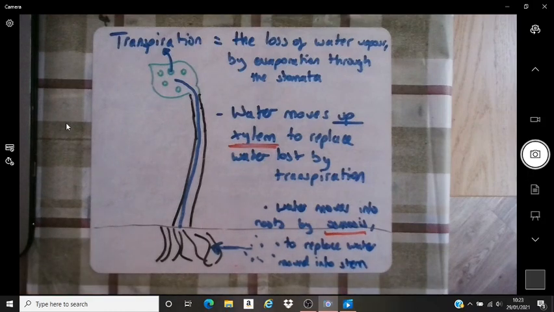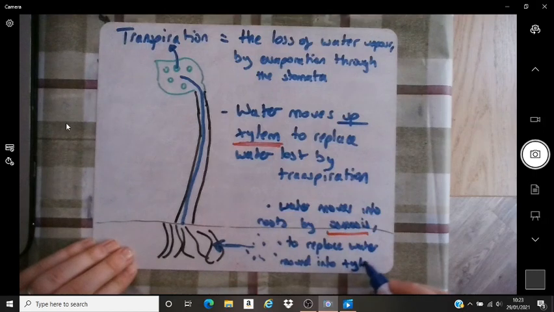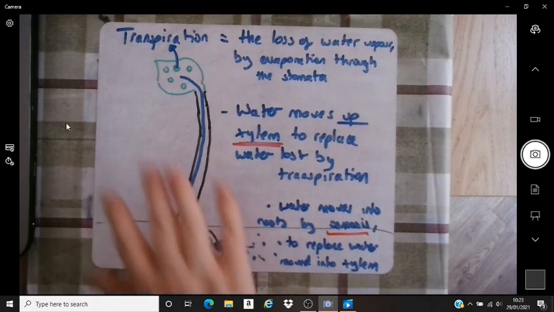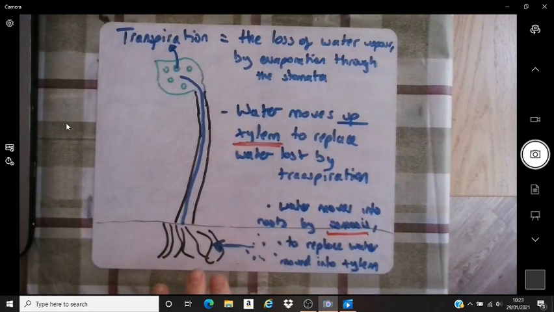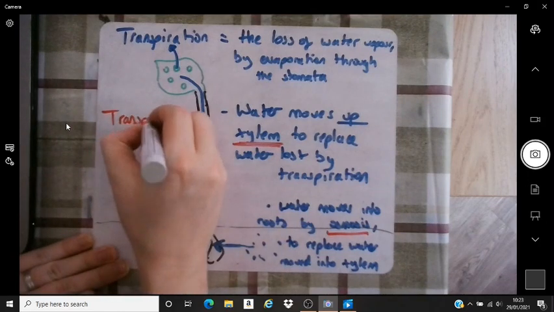That's moved into the xylem, I should say, actually. May as well make that specific. Okay. So water's moved into the roots by osmosis to replace the water moved into the xylem. This journey of water is known as the transpiration stream.